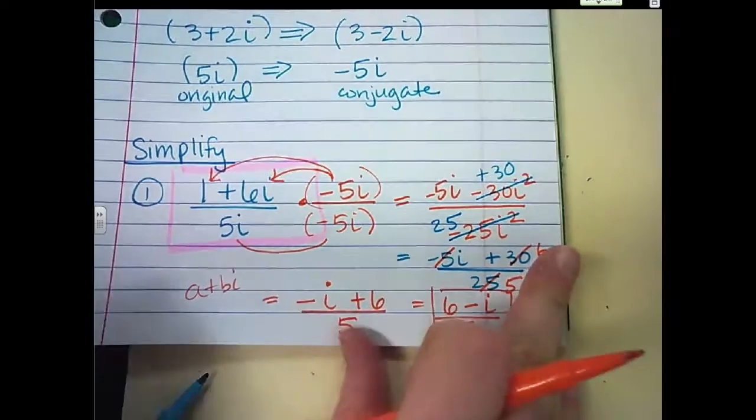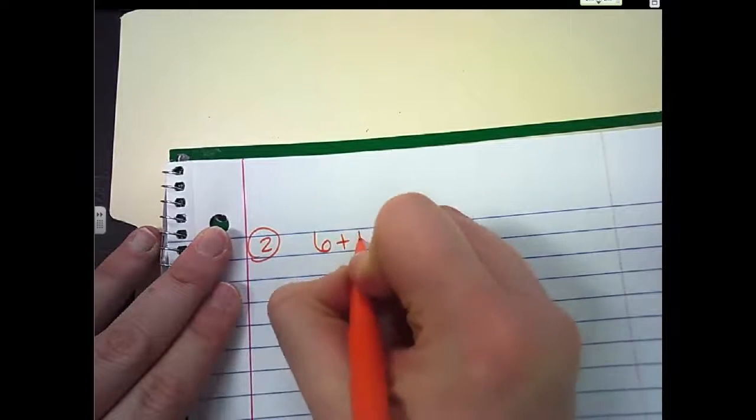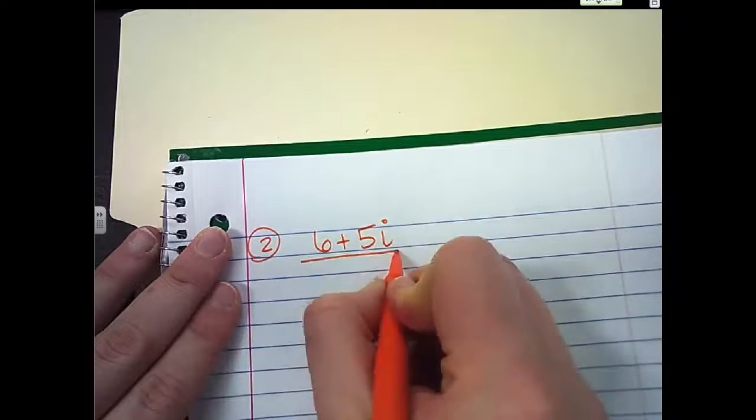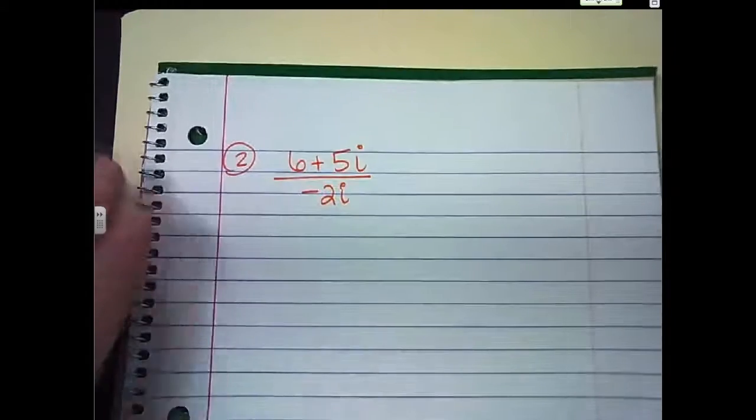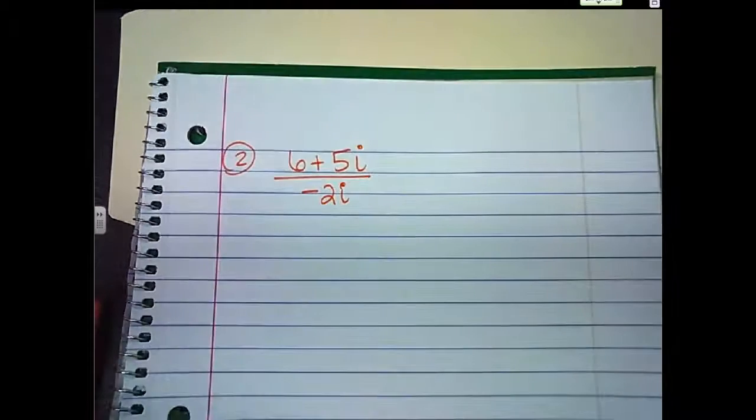Okay, let's do another one. Number 2. (6 plus 5i) over -2i. What do I multiply by?